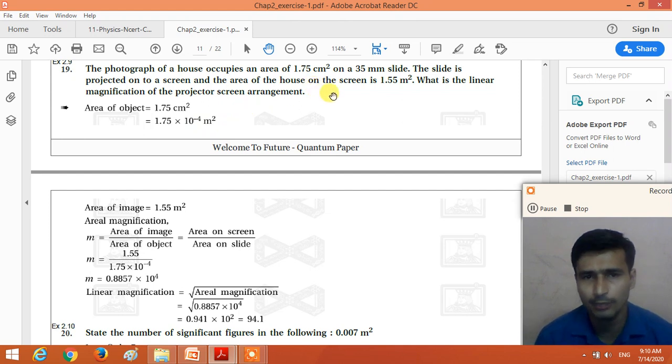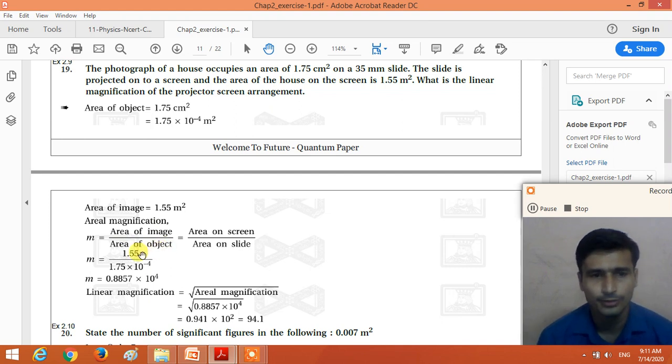Now the area of the house on the screen is the area of the image produced on the screen, so the area of the image is 1.55 meter square. Now we calculate the aerial magnification. What is the formula? Aerial magnification is the area of the image, that means the area of the house on the screen, divided by the area of the original object.